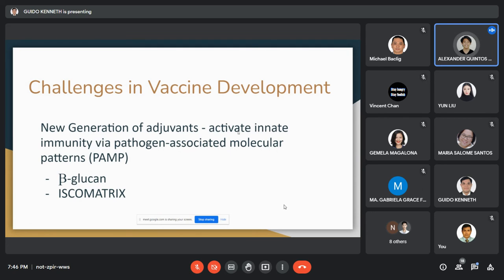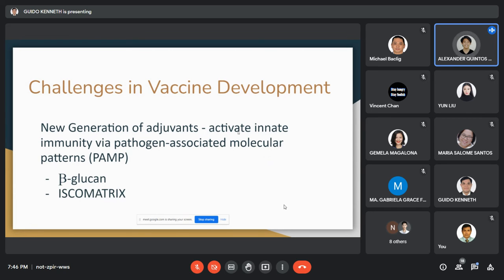So examples of these PAMPs are bacterial cell walls and DNA, with pattern recognition receptors or PRRs, TLRs, C-type lectin, and many whole cell inactivated vaccines contain PAMPs. An example of this new generation of adjuvants is beta-glucan, which is rich in PAMPs and stimulates C-type lectin, lectin-1, which is high in dendritic cells, neutrophils, and macrophages.